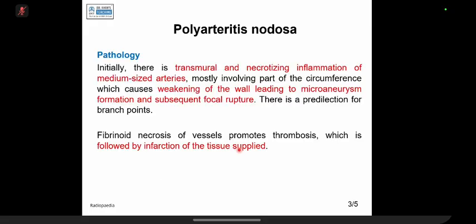Now, what happens is that there is transmural necrotizing inflammation. Once there is necrotizing inflammation, there is weakening of the wall leading to microaneurysm and subsequent focal rupture. So that is the pathogenesis. First of all, necrotizing inflammation, then microaneurysm, and then rupture.